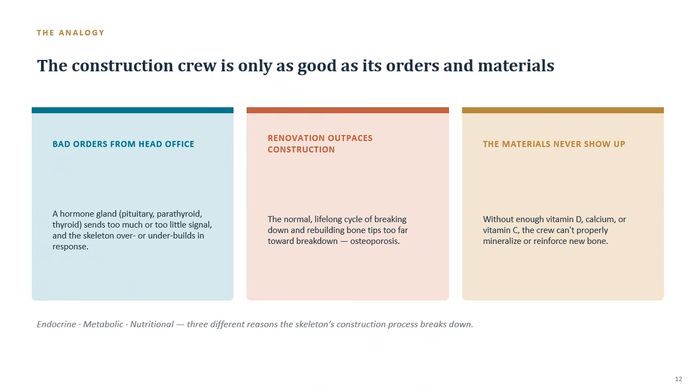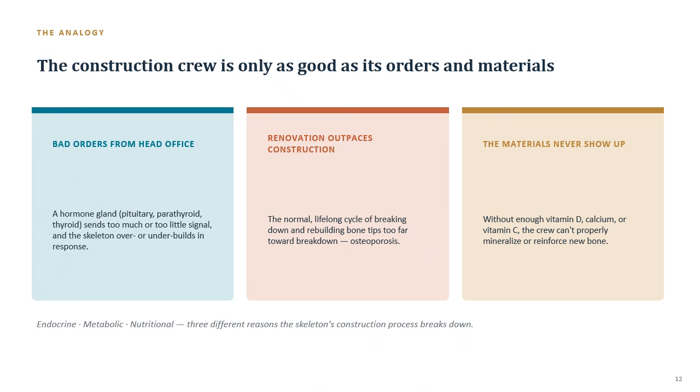All right, now we're going to look at the three categories in which our skeleton can fail. In terms of skeleton, again, the analogy is the construction crew, and the skeleton is the actual crew that we're talking about. So the categories are bad orders, renovation outpaces construction, and materials never show up.